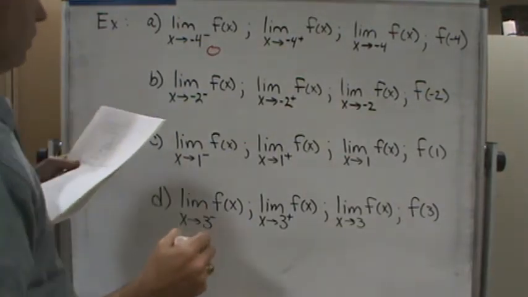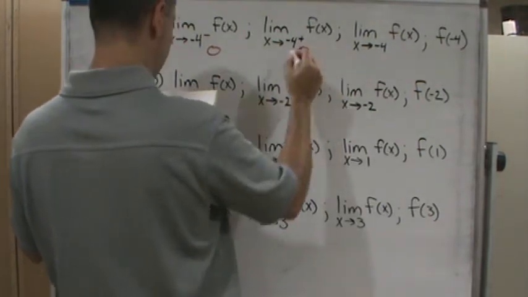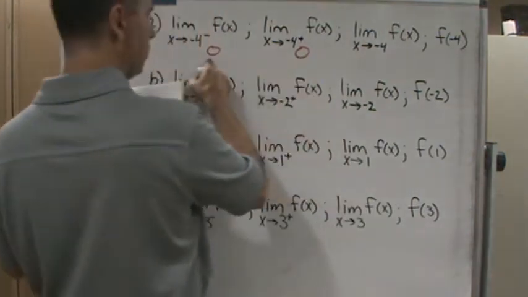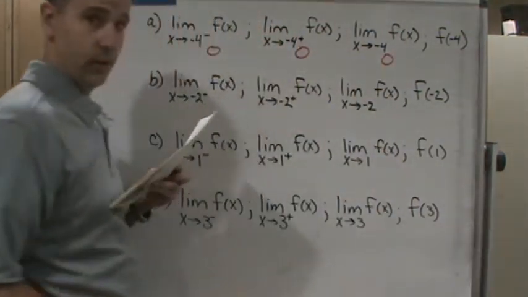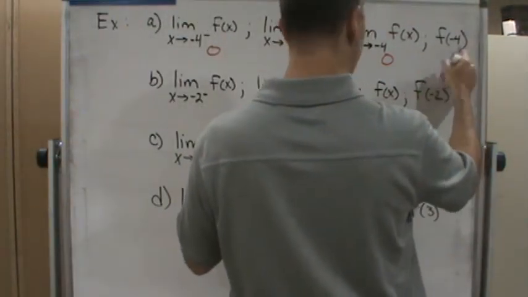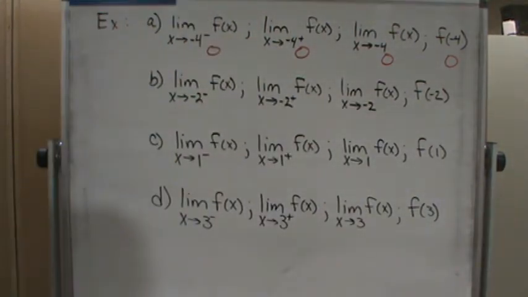If we approach -4 from the right, we also get 0. And then the limit, since these two go to the same value, has to be 0, right? And the value of f of -4 is 0. Okay, so there's the first one.